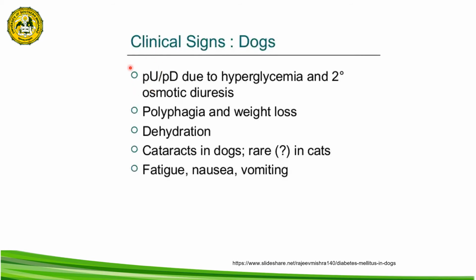So that is why there is the presence of polyuria in diabetic patients, because of the excess glucose in the urine. When there is glucose in the urine, the glucose there would tend to attract more water, and this can result in polyuria. There is also polydipsia. Polydipsia is also caused by hyperglycemia.